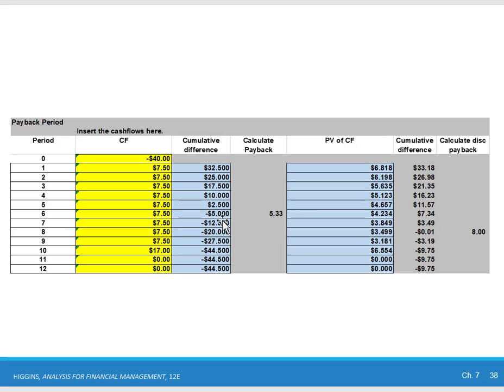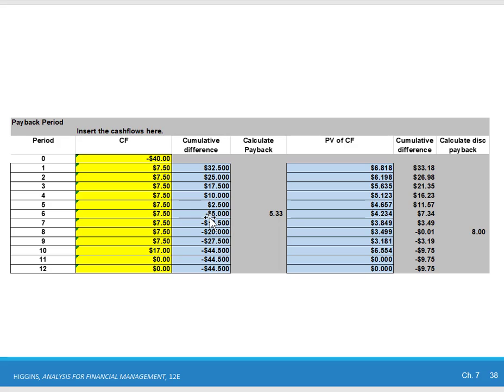So how do you get this answer, 5.33? When did it change sign? Right here, at the end of year 5, it changes sign. So you used 5 years of cash flows, plus you're going to use part of year 6.